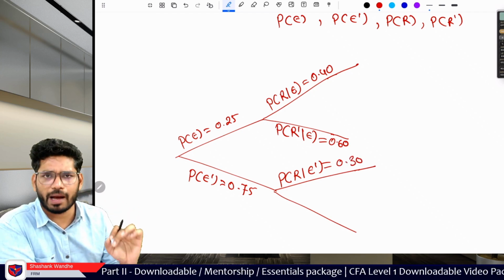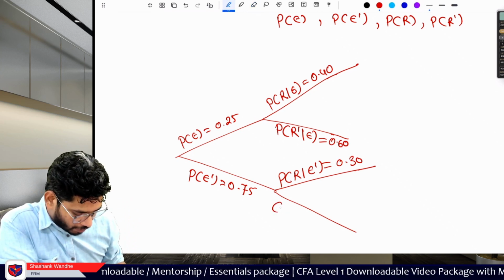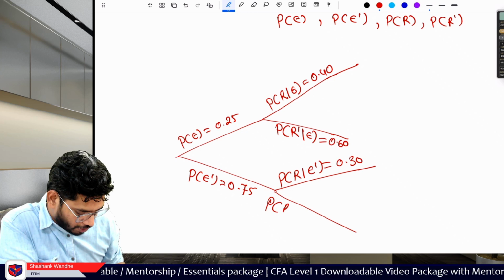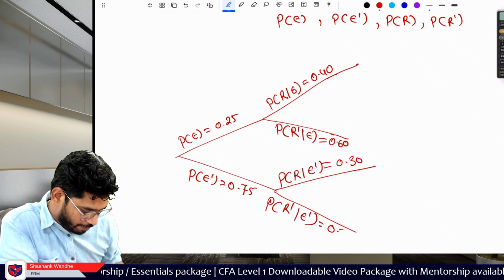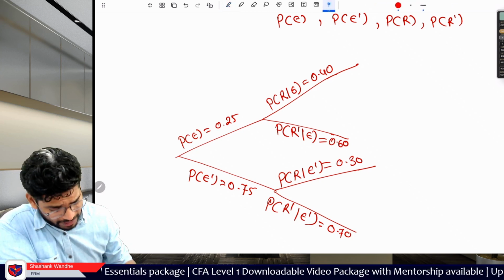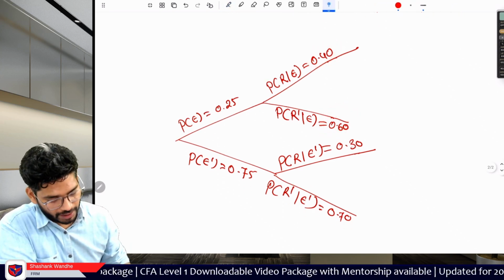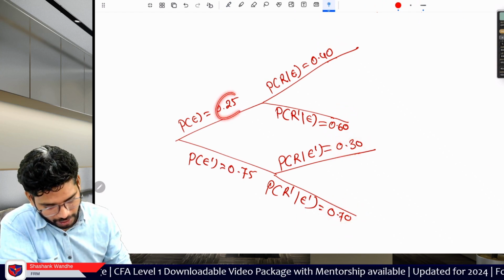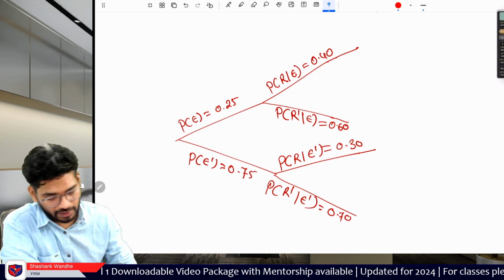Okay, I'm reducing the probability, and then probability of not good results and no expansion is obviously 0.70. Now always remember, these two should total to 100%, these two total to 100%, these two total to 100%. You can't simply take the total of all. You have to remember this, right?